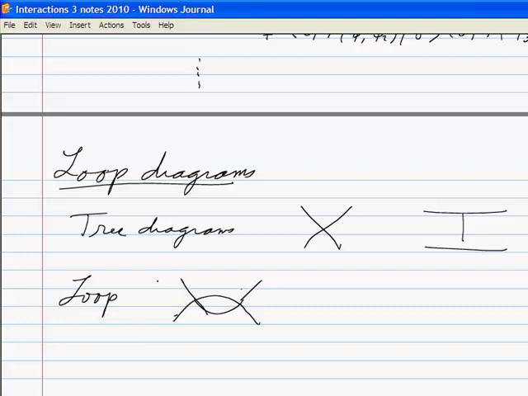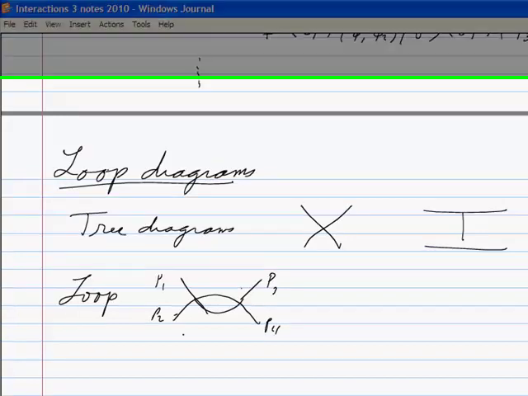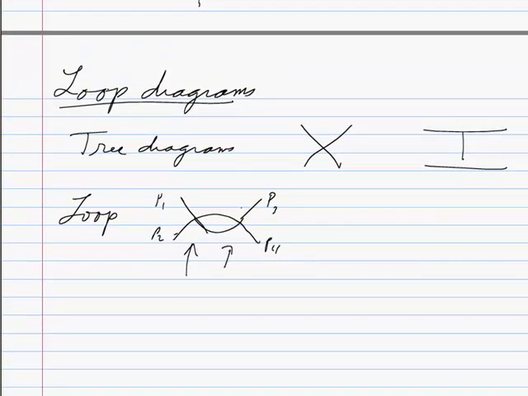I start with P1, P2, P3, P4, and I'm going to do this in lambda phi to the fourth, so I'm going to have minus lambda over 4 phi to the fourth at x, minus lambda at this stage over 4 phi to the fourth at y. And here's where Mr. Wick comes in.